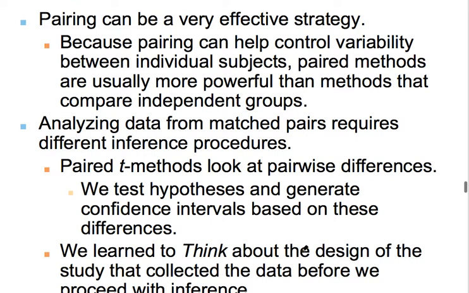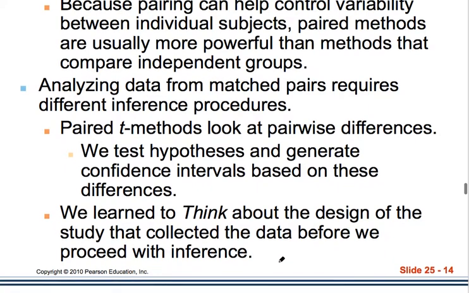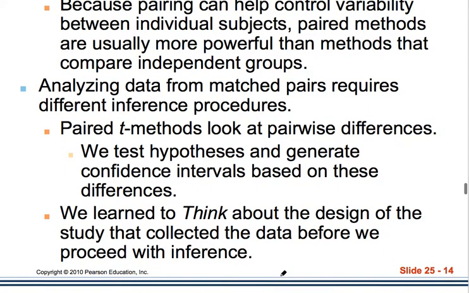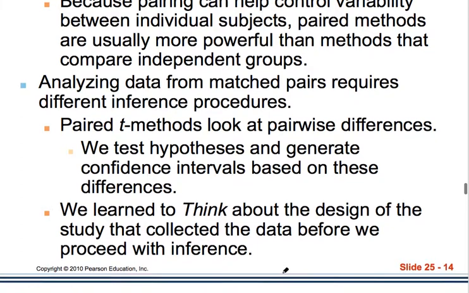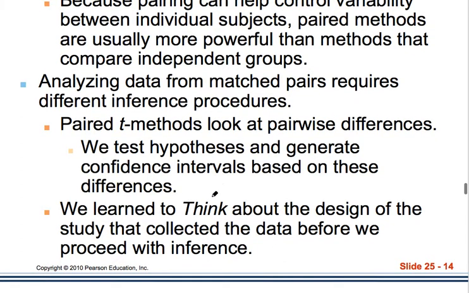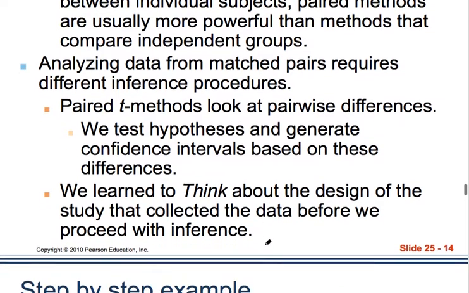It's used very often, especially if a pre-post test model is used. It helps control the variability between individual subjects. Analyzing data from matched pairs requires different inference procedures. Paired t methods look at pairwise differences, and we test the hypothesis based on the differences. We think about the design of the study before we proceed with inference.